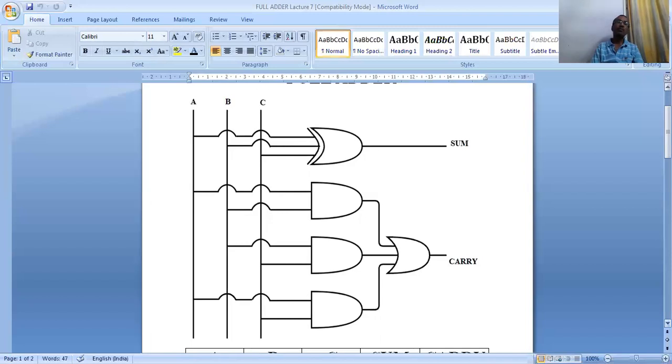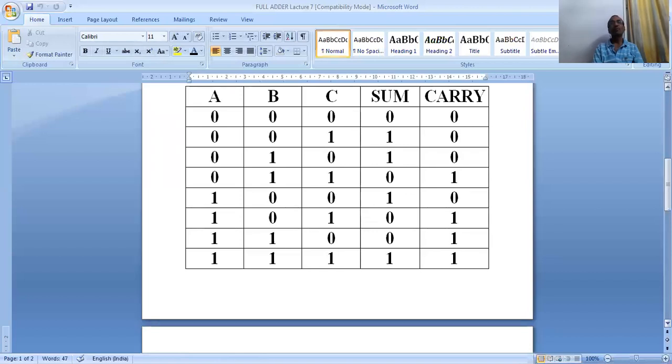In the case of the third AND gate, C equal to 0, A equal to 0, the output of the third AND gate is 0. That is 0 plus 0 plus 0, the output of the OR gate is 0. That is, carry equal to 0. This is in the truth table.